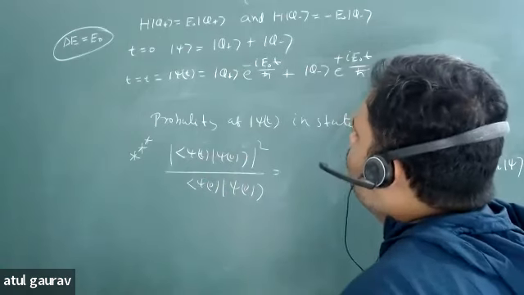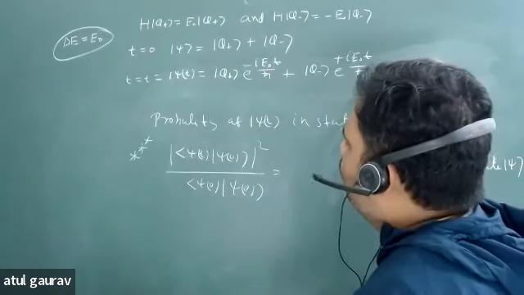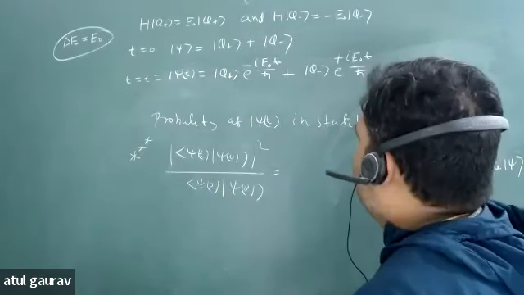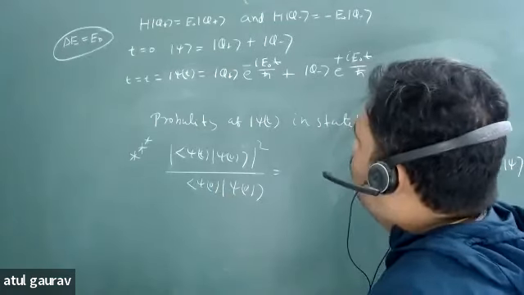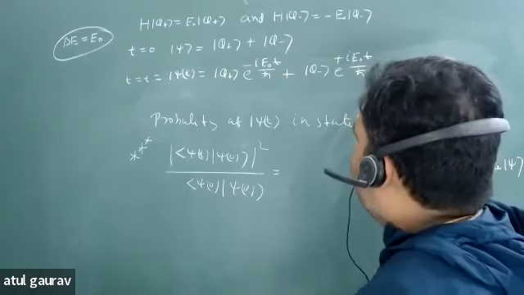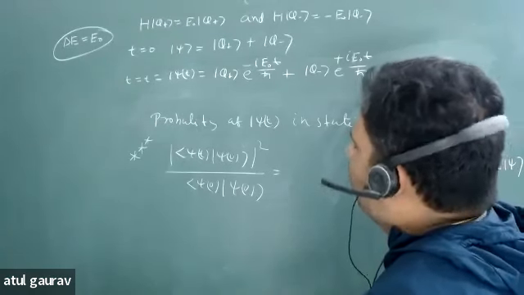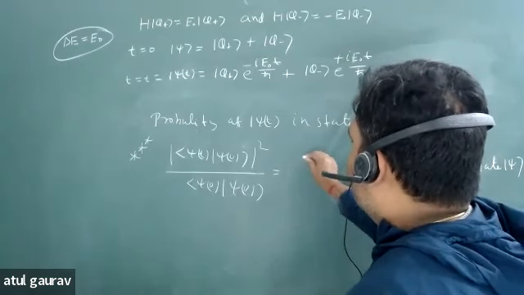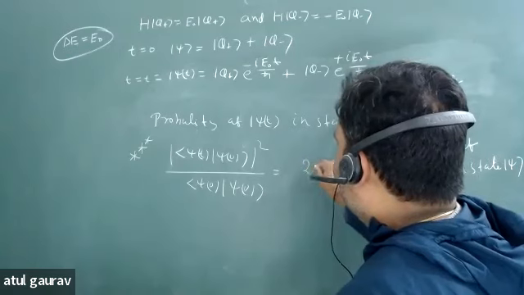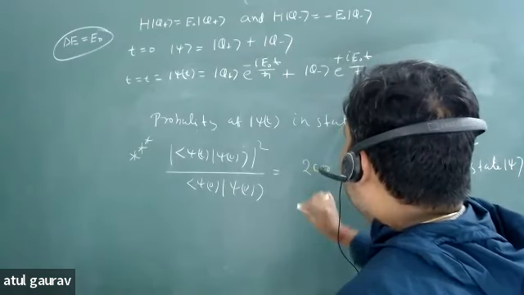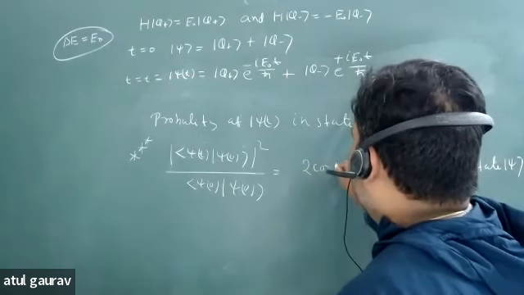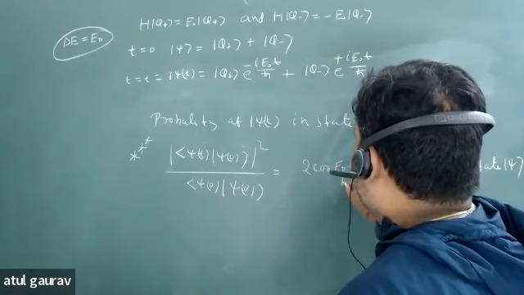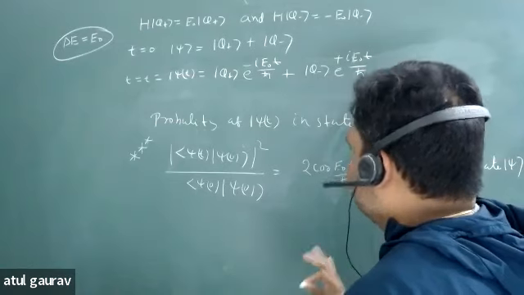What will you get? Some are saying 0. No, sir, what will you get? 2 cos E naught t upon h cut. Okay, good. So what are you getting? 2 cos E naught t upon h cut.